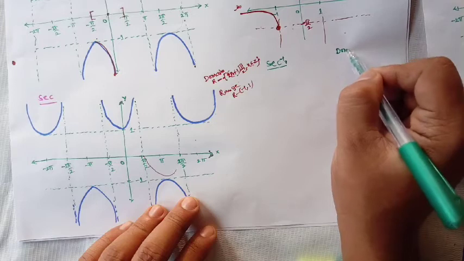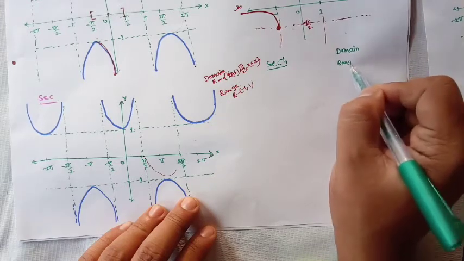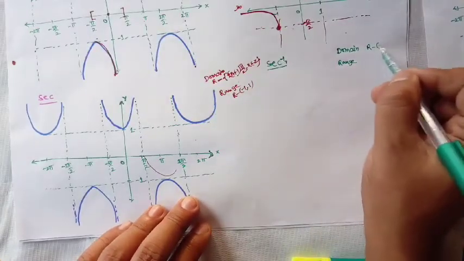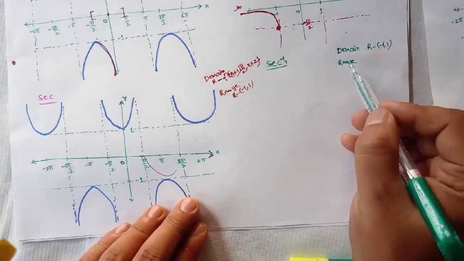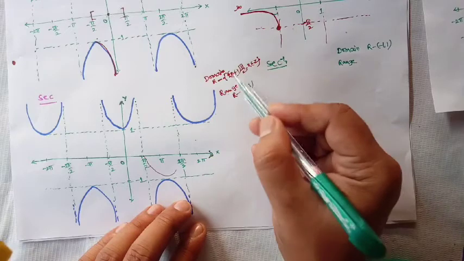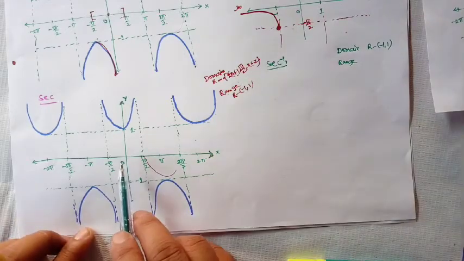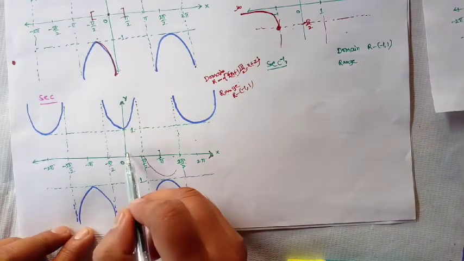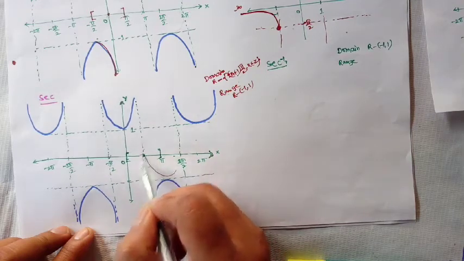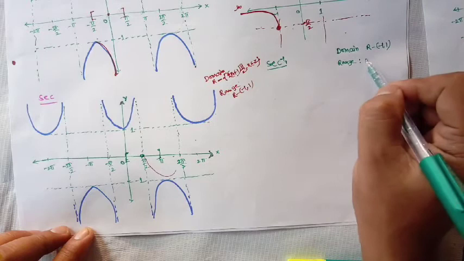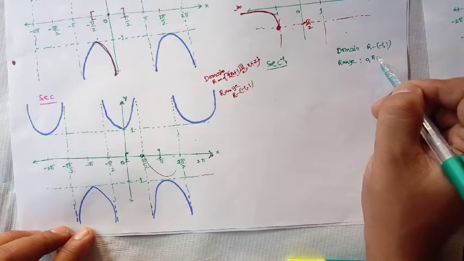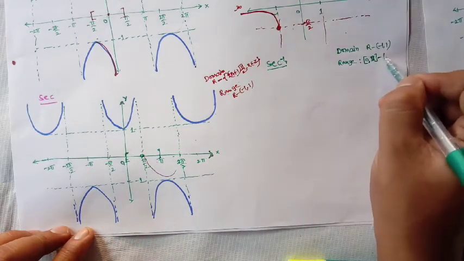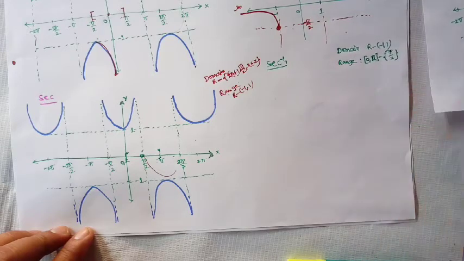Here the domain will be taken as R minus the interval minus 1 to plus 1, and for the range, the odd multiple of 90 should be subtracted, but the graph is restricted in this way. 0 to pi you consider, 0 to pi excepting the place pi by 2, so the range is 0 to pi, minus pi by 2.